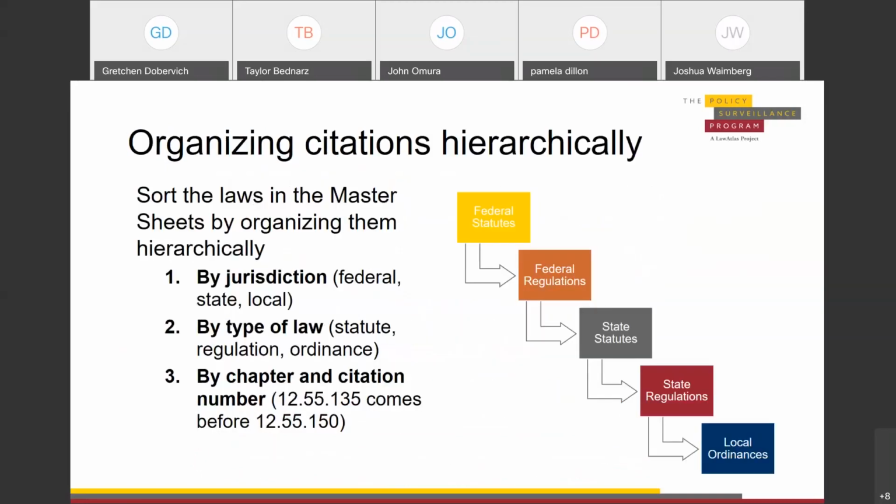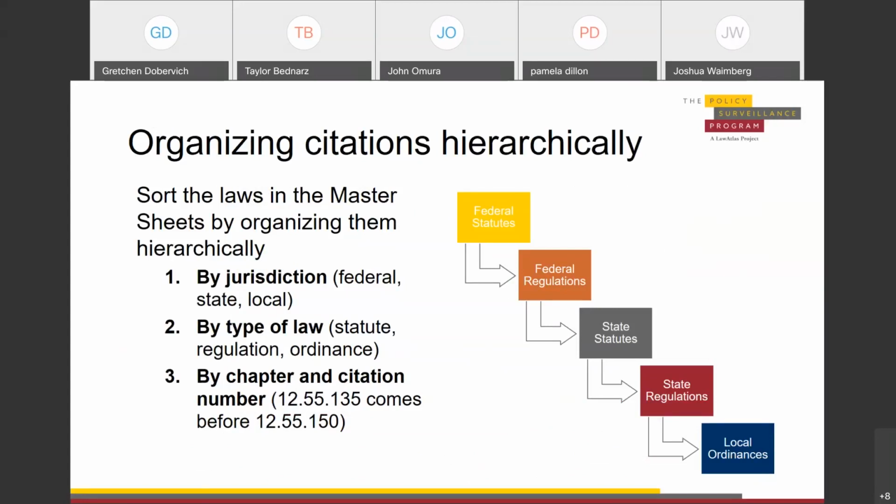So, going back to how we organize our master sheets, again, we organize citations hierarchically. As I mentioned, we sort the laws in the master sheet, organizing them by jurisdiction. Federal statutes go above federal regulations. By types of law, federal and state statutes go above state regulations, which go above local ordinances. And then finally, we organize them by chapter and citation number.